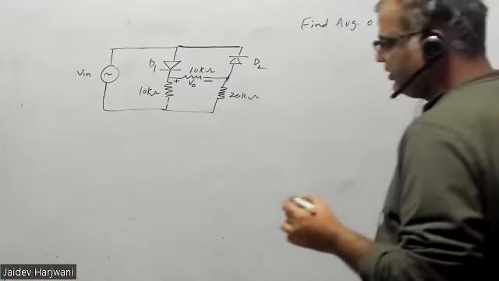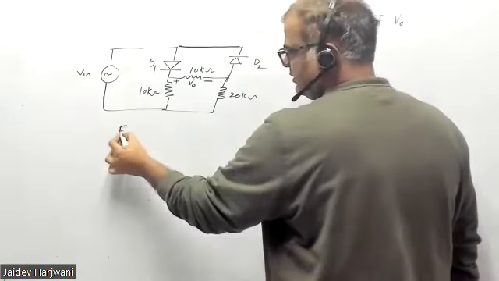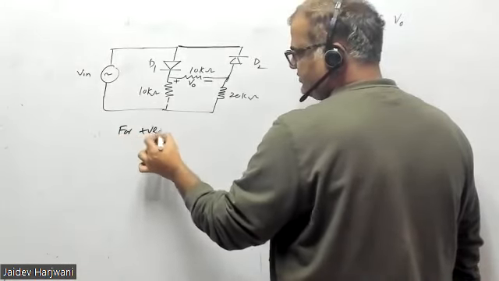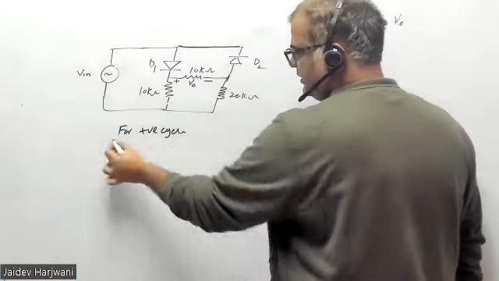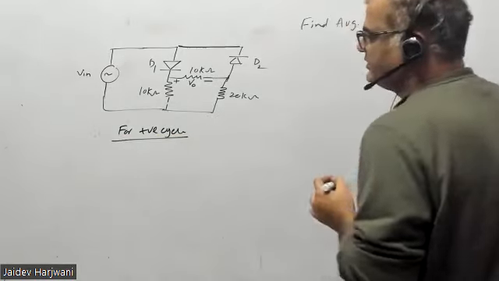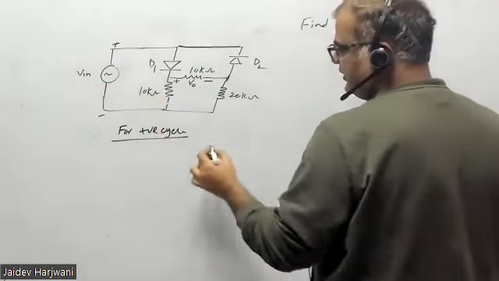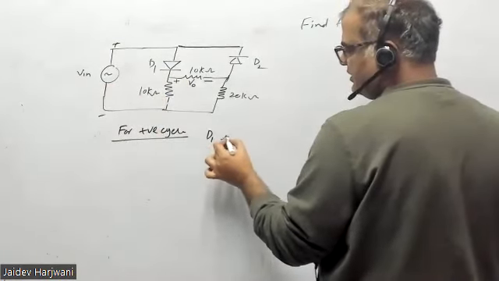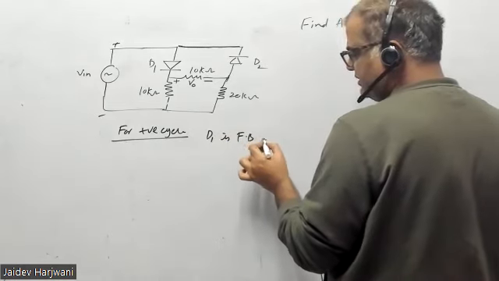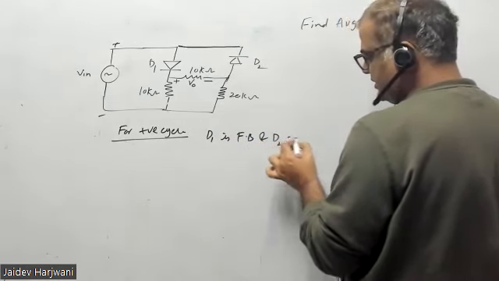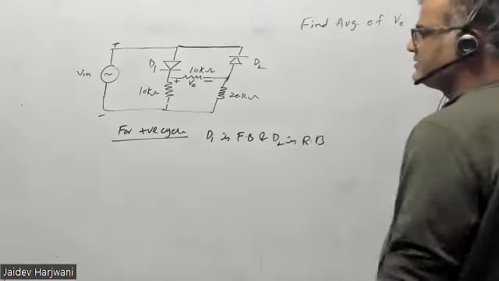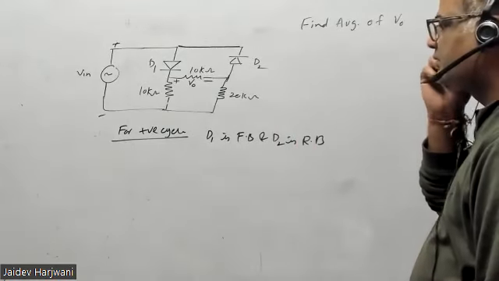So for the positive cycle, this part is positive, this will be negative. So diode D1 is forward biased and D2 is reverse biased. Yes or no?